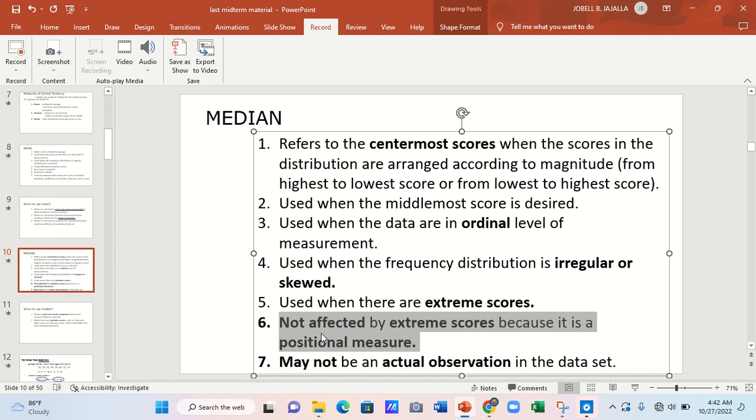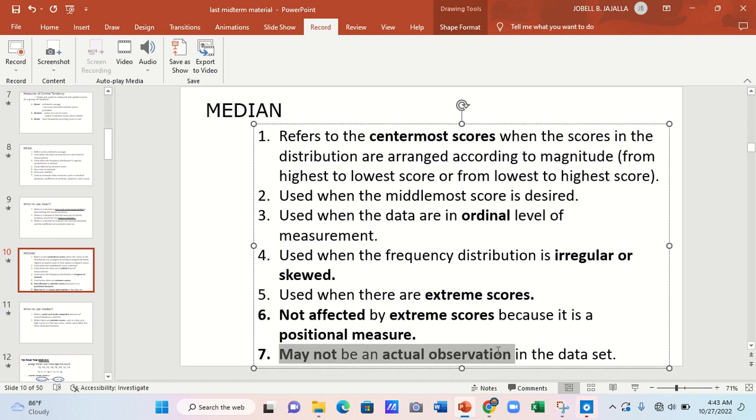We just look at the middle scores, and from that we identify, or in other cases compute, the median, because it is a positional measurement. The position that we are trying to identify here is the middle or the center of the data. And number 7, may not be an actual observation in the data set.